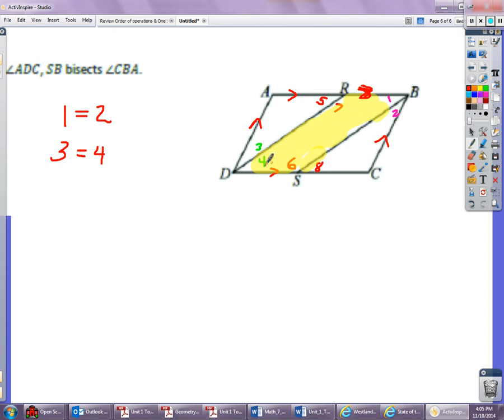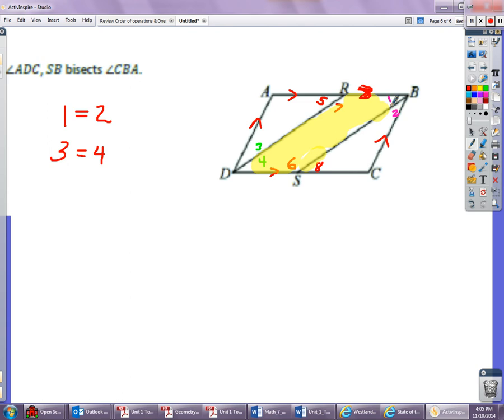So if I can get 6 and 4 to be same side interior angles, I'm sorry, they are same side interior angles. If I can get 6 and 4 to equal 180, I'm going to basically have that these lines are parallel. If I can get alternate interior angles somehow, or corresponding angles somehow, I'll be able to prove that they equal 180. Right?